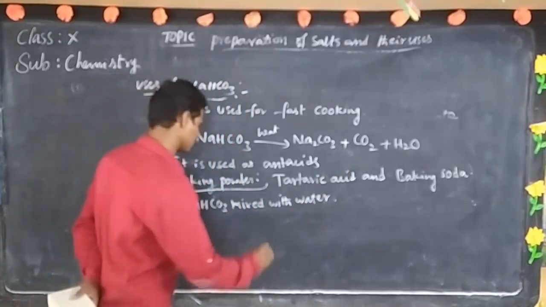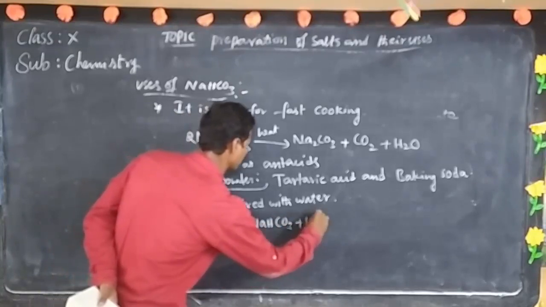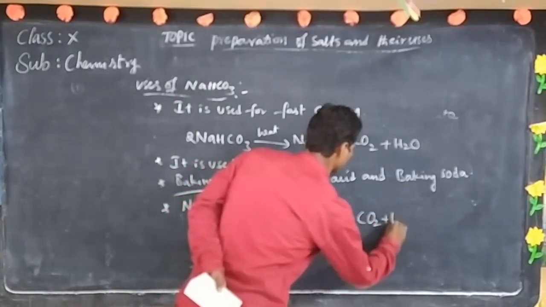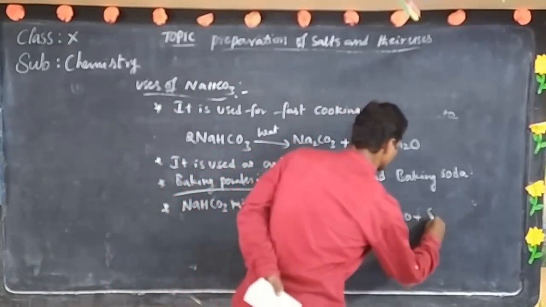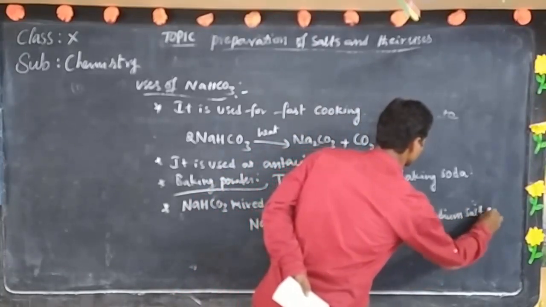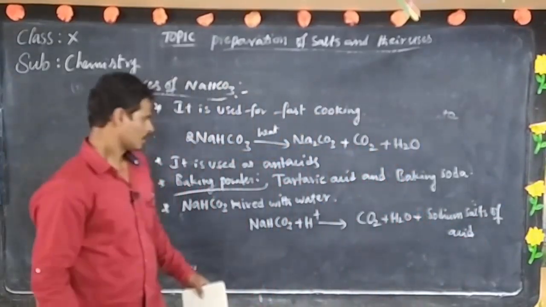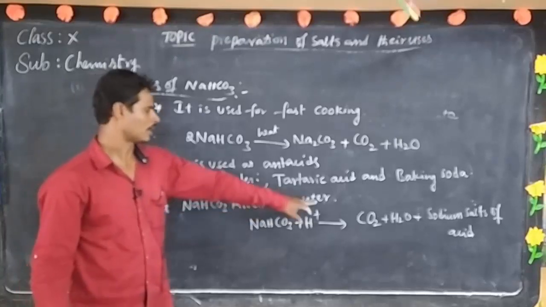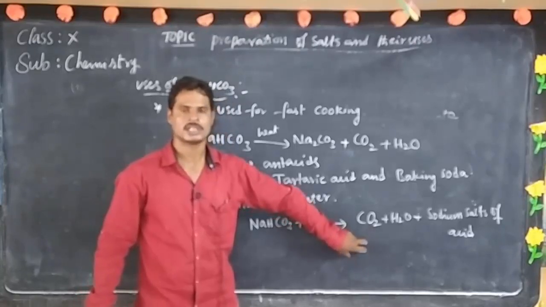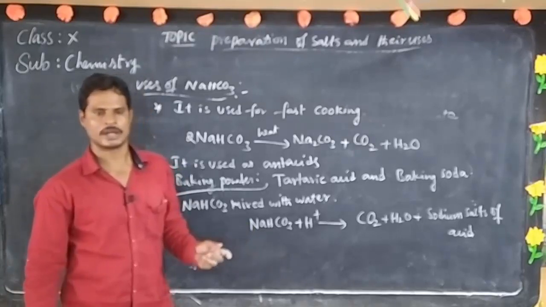The reaction observed: sodium bicarbonate mixed with water forms CO2 plus H2O plus sodium salt of acid. Whenever CO2 is formed in this process, it helps to make soft and spongy cake and bread.